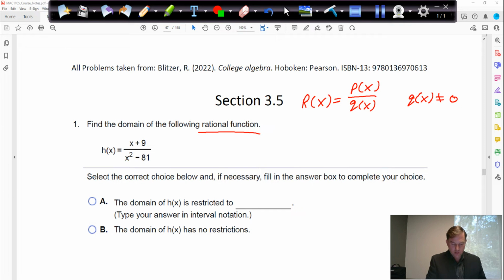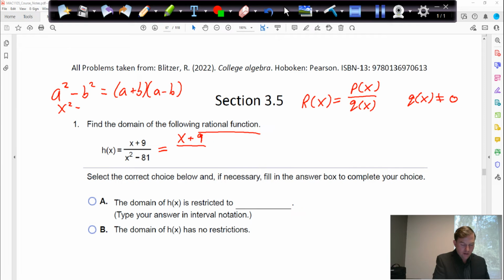So we're going to look at this function, and the first step is to always factor. So we're going to look at top and bottom and see if we can factor anything. Well, we can't factor anything out of the top, x plus 9, but the bottom matches that pattern we've been seeing of two perfect squares being subtracted. If you get two perfect squares being subtracted, they will always factor into a plus b, a minus b.